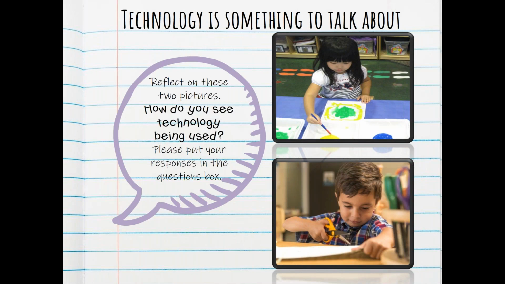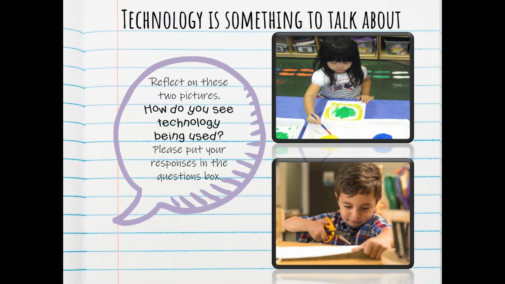So we would like for you to take a moment and look at the pictures on this slide, and we're going to have a reflection activity. The reflection question is, how do you see technology being used in these pictures specifically? And we would like for you to put your responses in the questions box. So the top picture, we see a child who is painting.